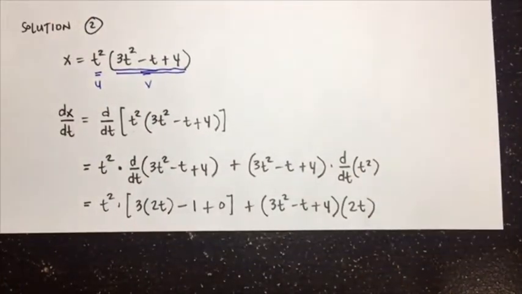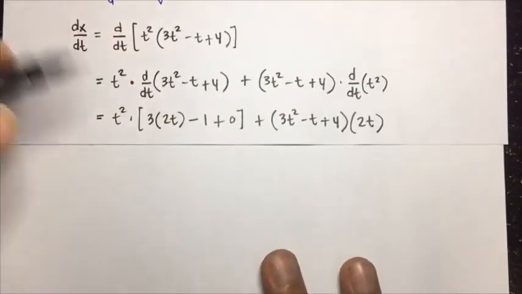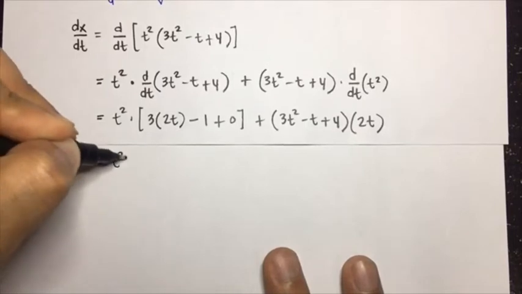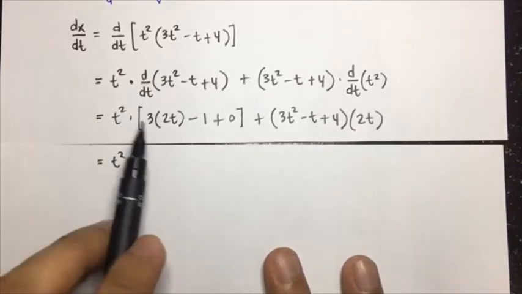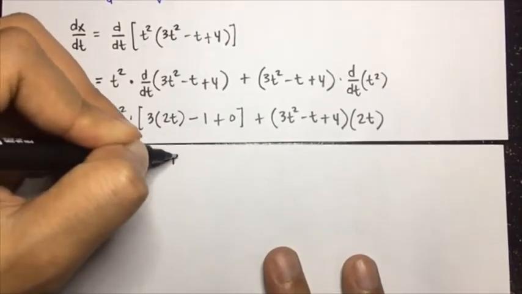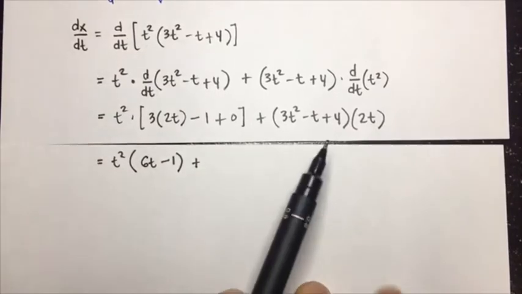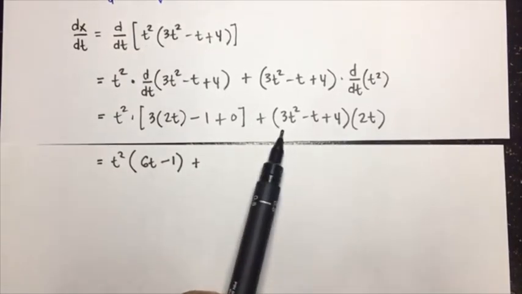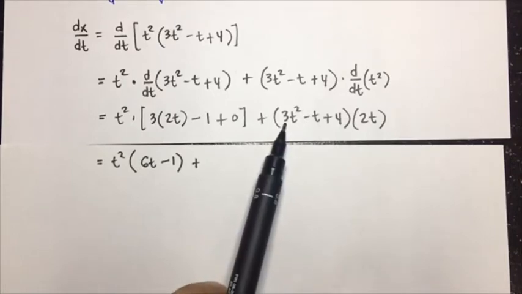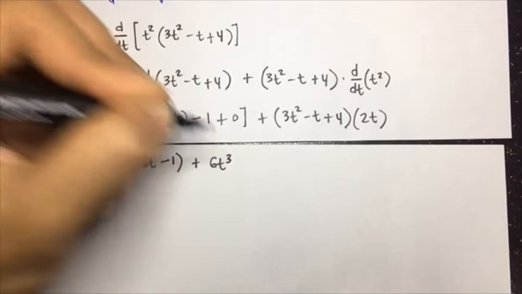So therefore, let me get another sheet of paper. So therefore, this will become t squared times (6t minus 1). Okay, plus we can distribute 2t here. So 2t times 3t squared, that is 6t cubed, right?